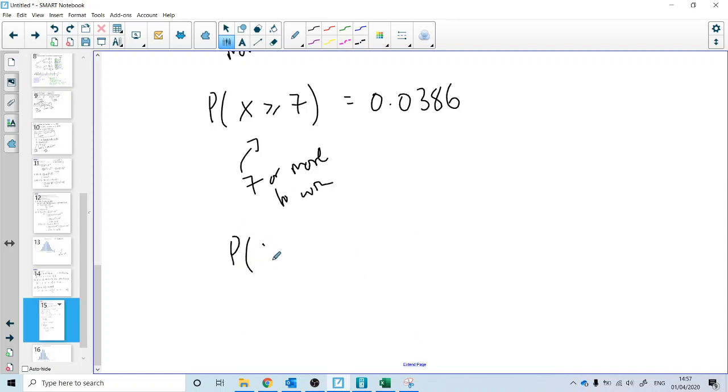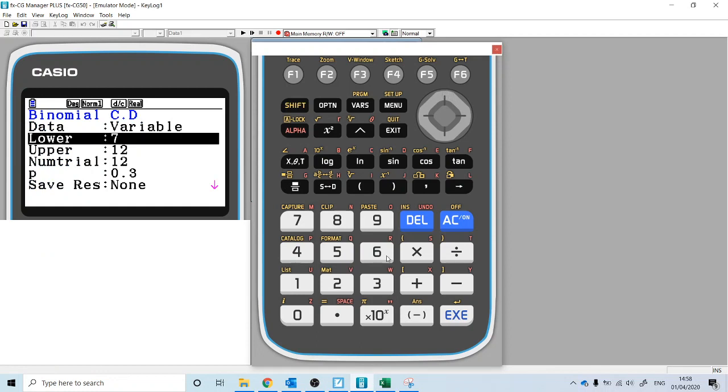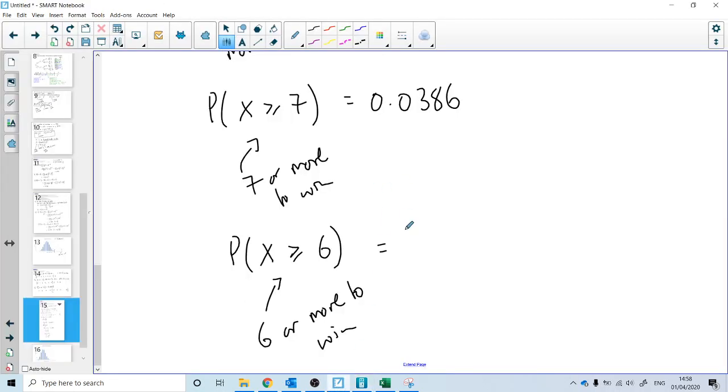What we should check is can we make the game even easier to win and say that you only need 6 or more to win. So let's check what that probability is of getting 6 reds. And that probability is 0.118. And this here it's just too big. Too many people would win the game.